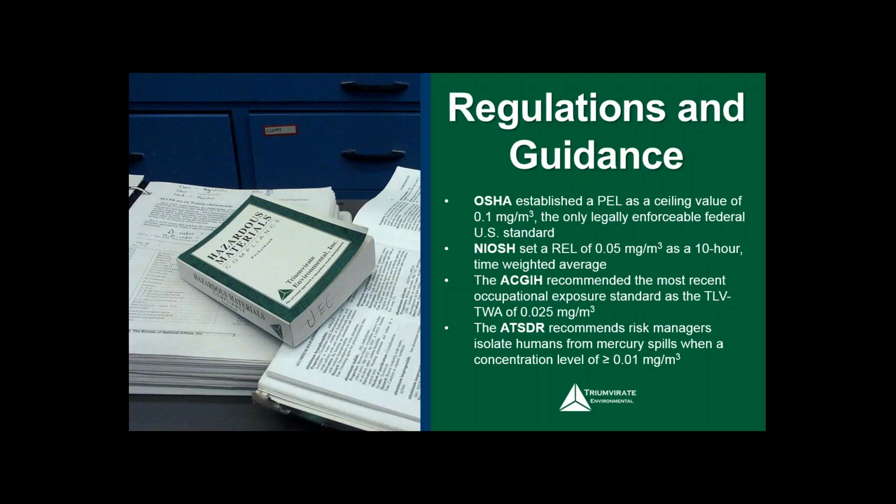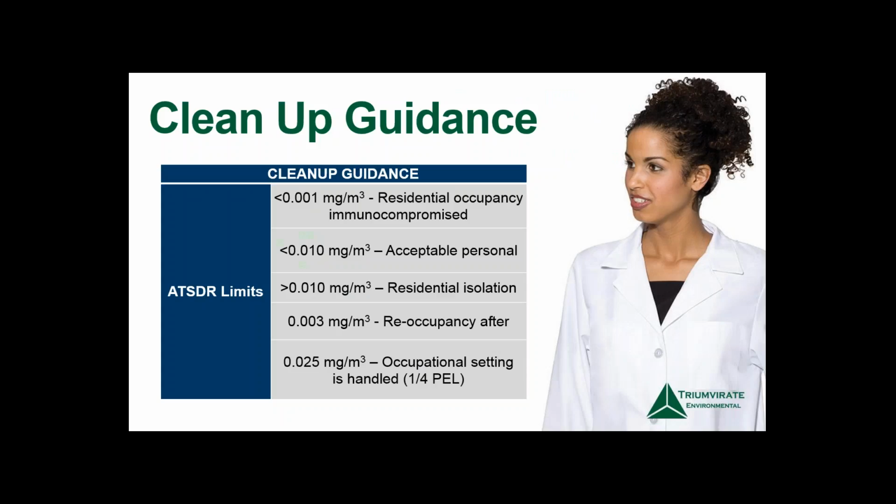Then more studies were done by the Agency for Toxic Substances and Disease Registry, or the ATSDR, and they recommend risk managers isolate humans from mercury spills when a concentration level of 0.01 milligrams per cubic meter is detected. The ATSDR also came up with this list of specific concentrations for when mercury is found in specific scenarios.